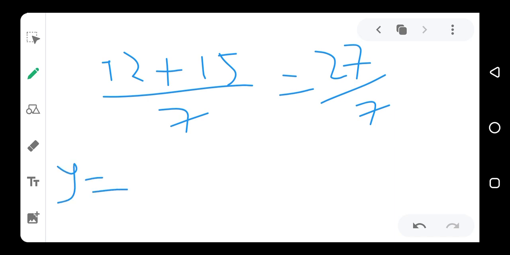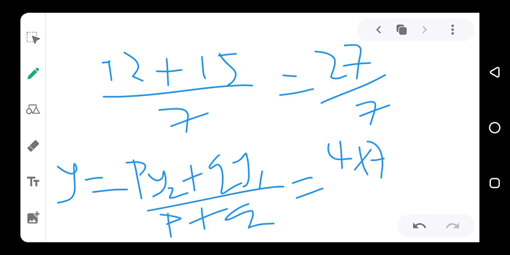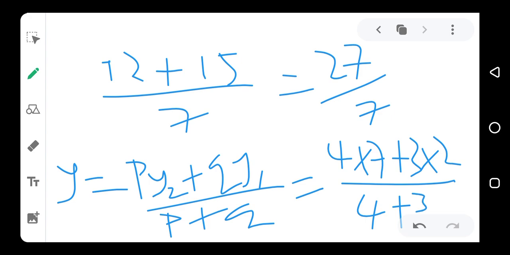Then for y, it is going to be py2 plus qy1 over p plus q, which will give us 4 times 7 plus 3 times 2 over 4 plus 3.